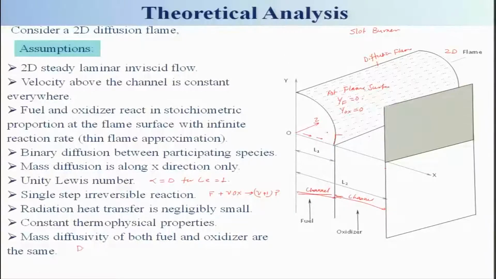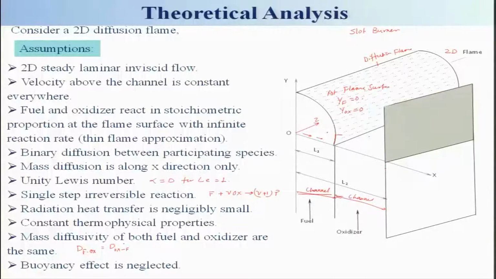That means D of fuel in oxidizer is equal to D of oxidizer in fuel, between this binary both need not be the same, but we are considering it to be the same. And buoyancy effect is neglected, that means there is no effect of buoyancy in this case.